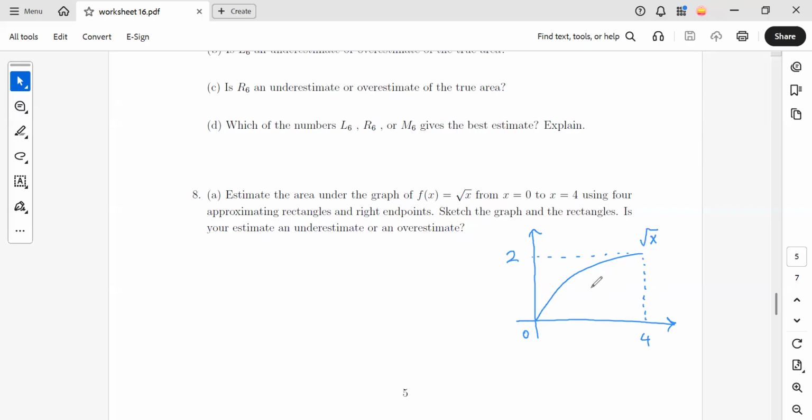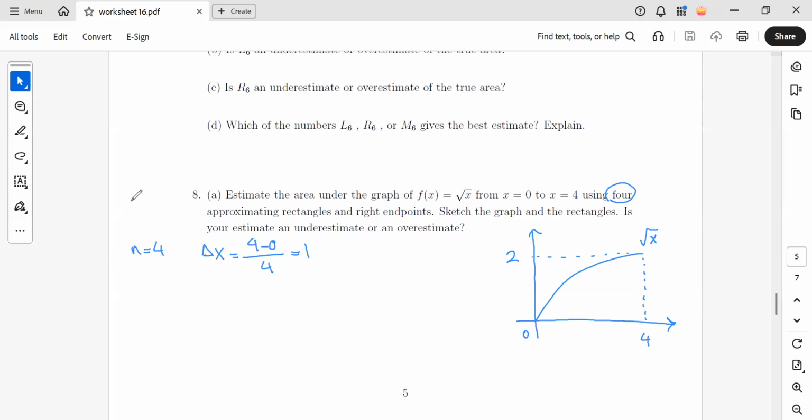And we are going to use rectangles, right endpoints, and 4 rectangles. So n is 4. Delta x will be b, which is 4 here, minus a, which is 0, over n, which is 4.